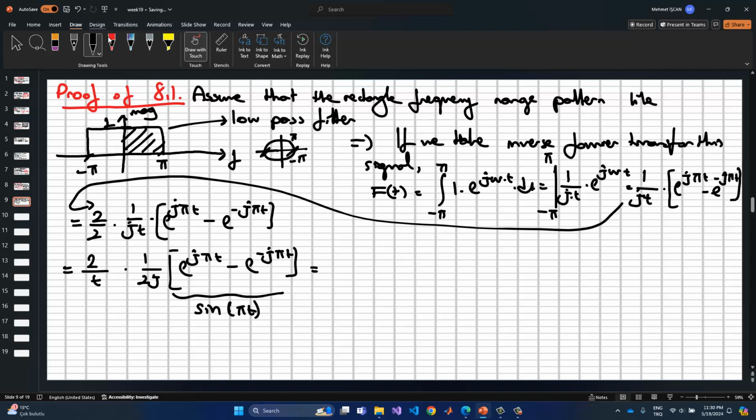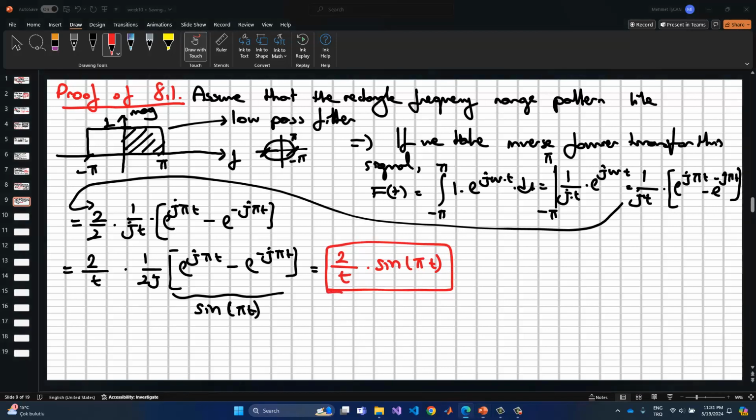So this yields 2 divided by t times sin(pi t). This is the inverse transformation of these coefficients.